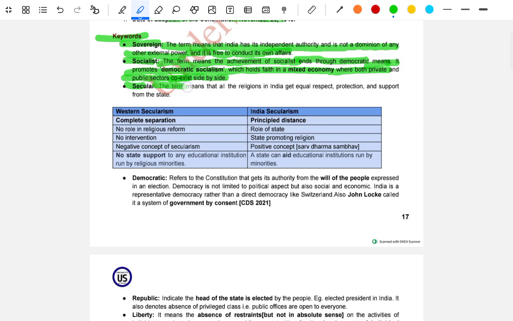Secular: the term means that all religions in India get equal respect, protection and support from the state.